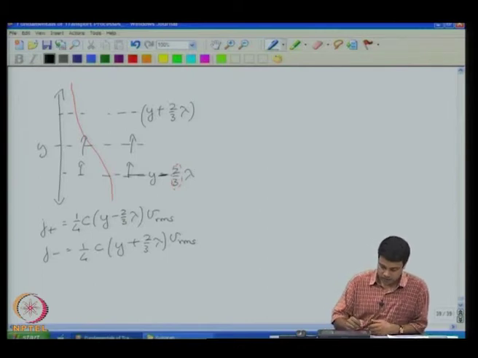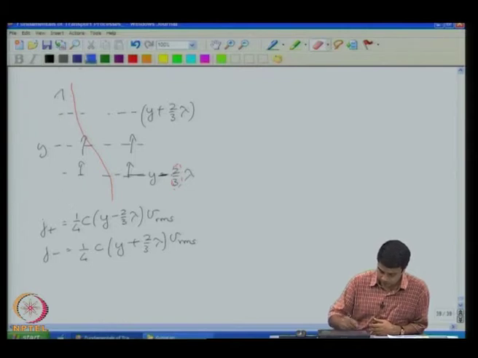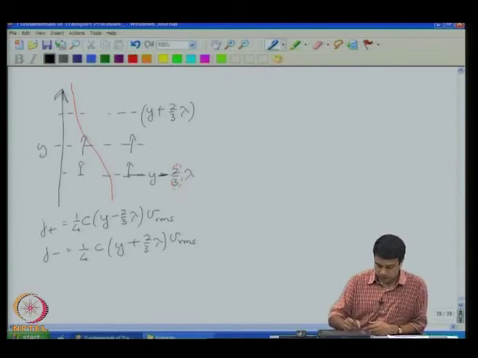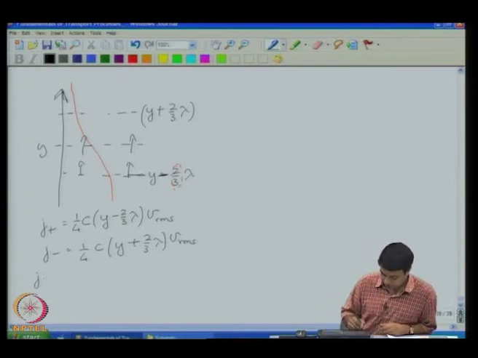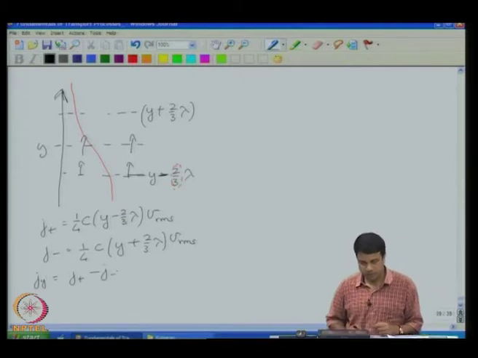So, if you assume that y is positive upwards, then the total flux J in the y direction is equal to J plus minus J minus. What goes up minus what comes down.